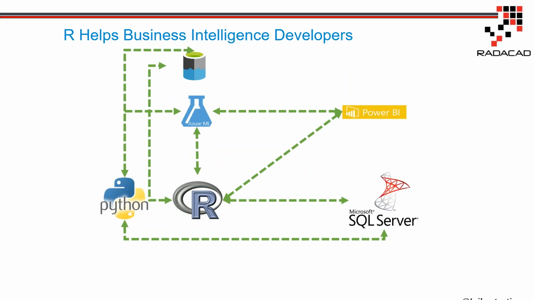R has been here for more than 20 or 30 years. So why is R now really important to learn? Because recently, from 2014, Microsoft started to embed R into applications.